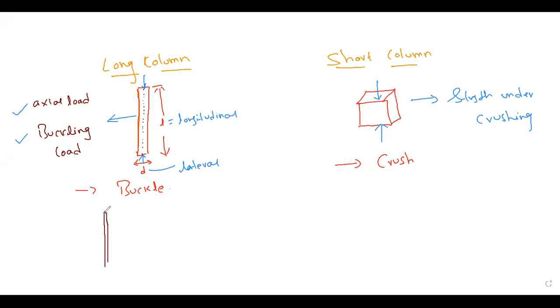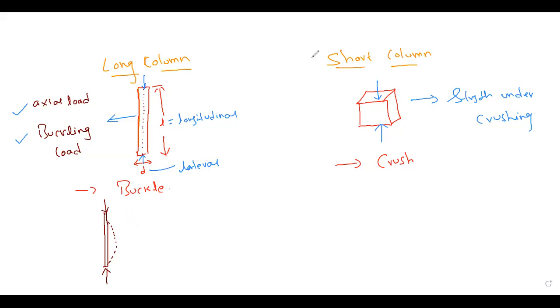So let us take a broomstick. You will have a broomstick in your house, take that. Let's try to apply compression force. What happens? That member will bend like this, isn't it? You try it.